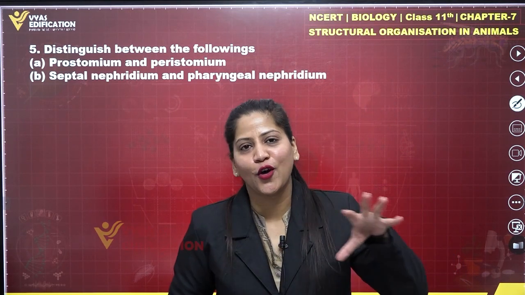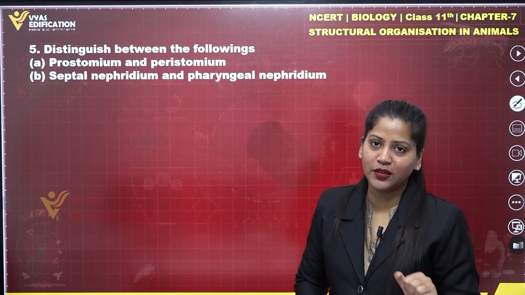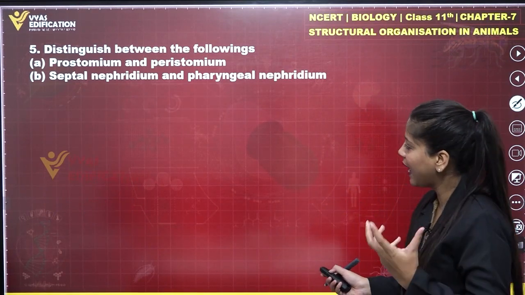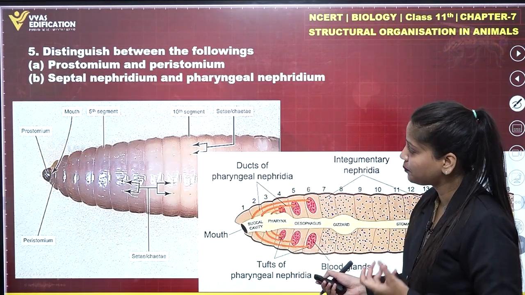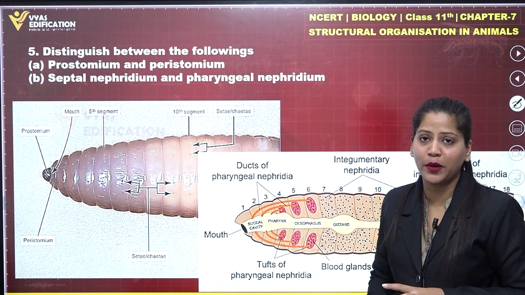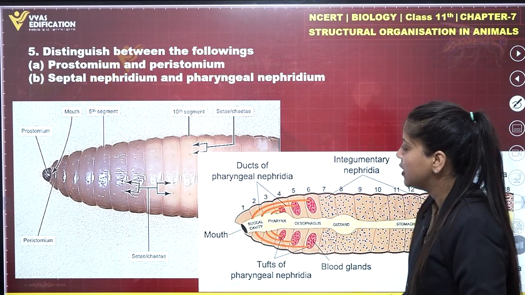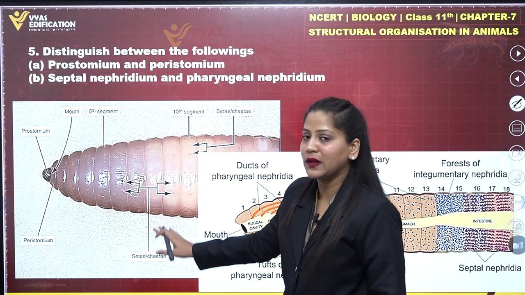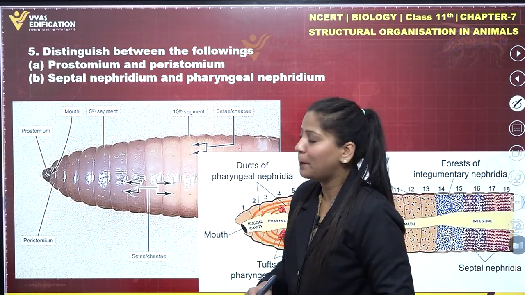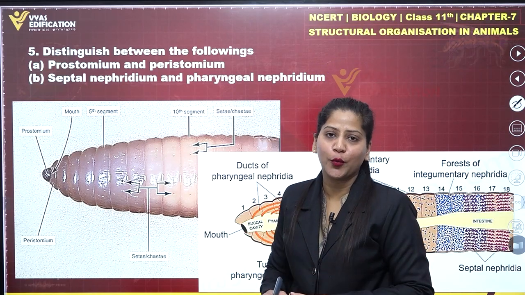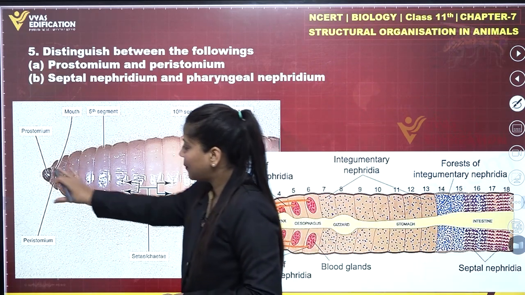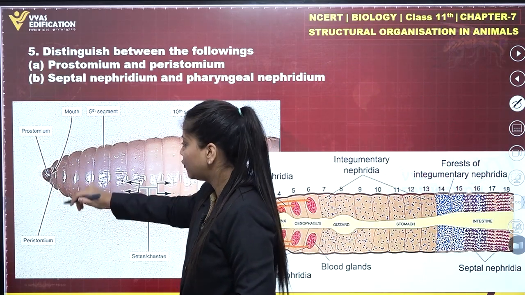Before moving on to the answer, I have a diagram to show you what prostomium actually is, how it looks, and what peristomium is and how it looks. See, this is the diagram of an earthworm showing you peristomium and prostomium. This is the mouth, the anterior part of an earthworm.